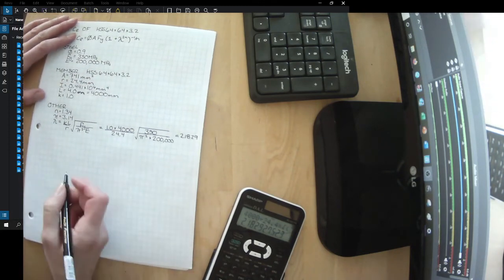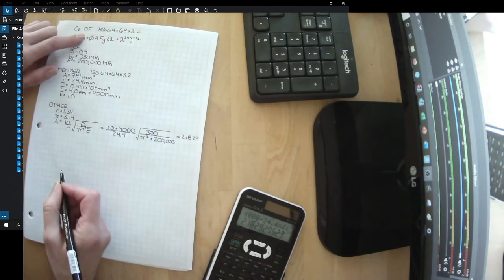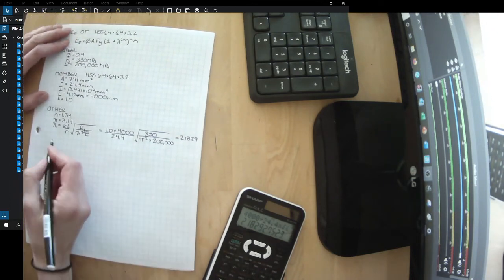So let's now see if we can plug things back into our overall equation.